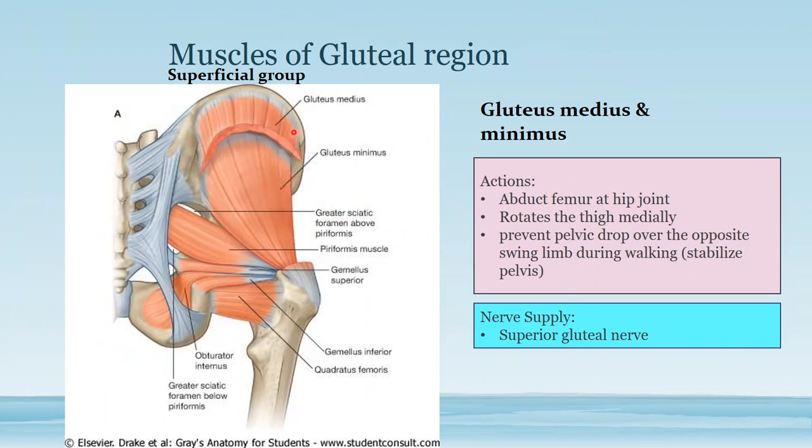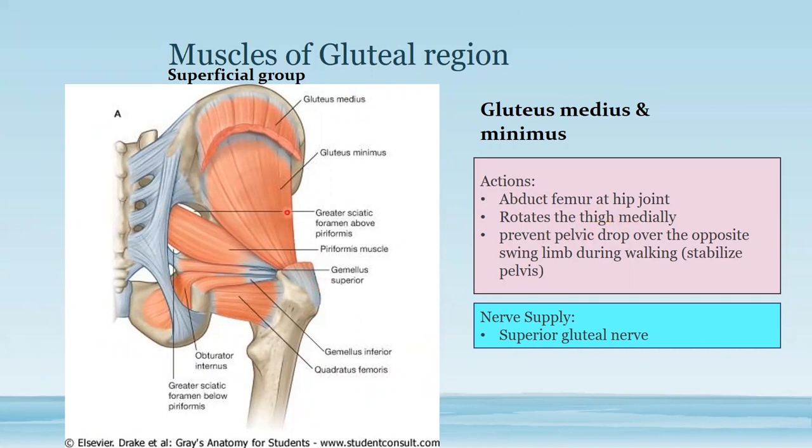For the origin and insertion of the gluteus medius and minimus, the gluteus medius attaches at the anterior gluteal line, while the gluteus minimus attaches at the inferior gluteal line. They both attach at the greater trochanter of the femur here. The action of the gluteus medius and minimus is to abduct the femur at the hip joint and rotate the thigh medially.